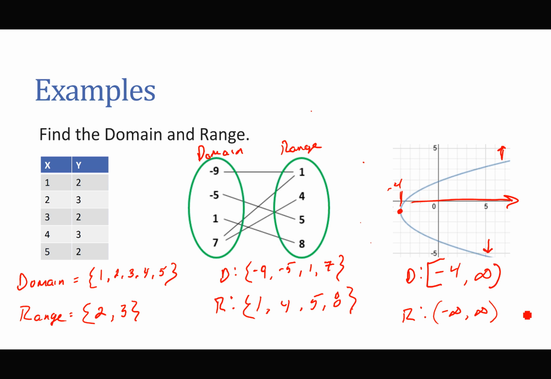Or you could simply write that as all real numbers, if you want to write it that way. That sideways parabola is continuing to get taller, expanding up and down. So once I go out to a positive x to infinity, it's going to be y to infinity and -y infinity.